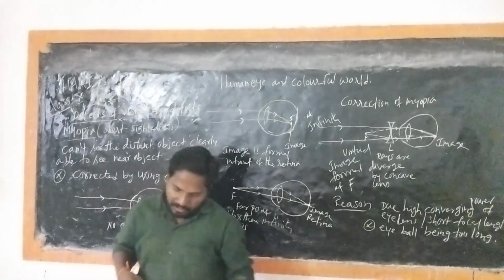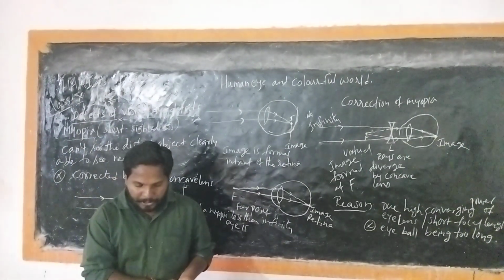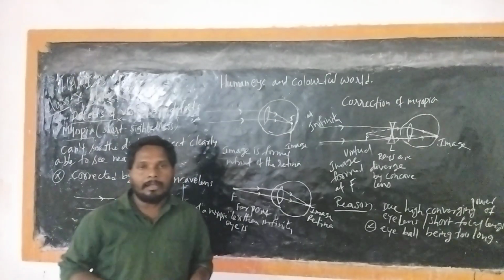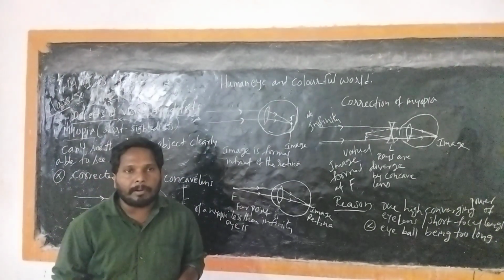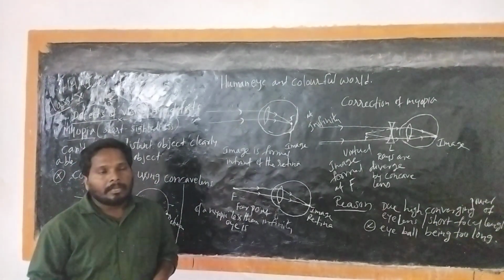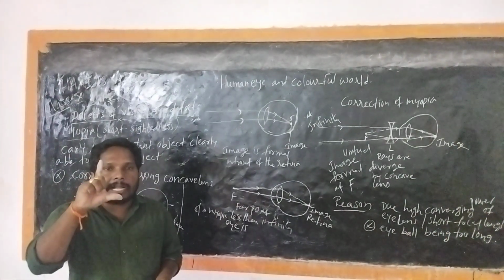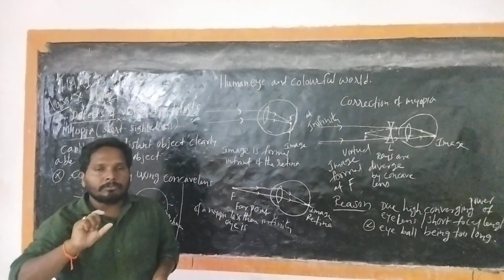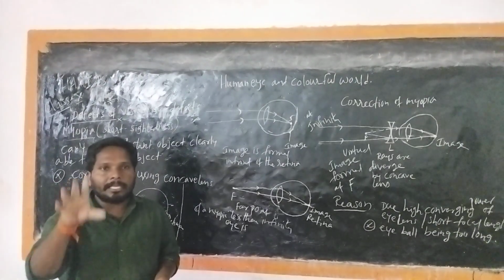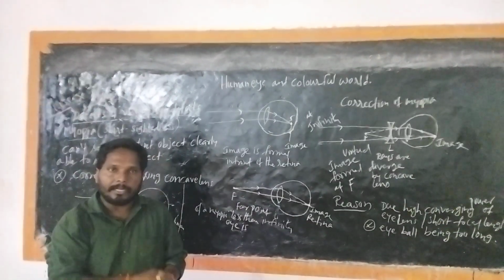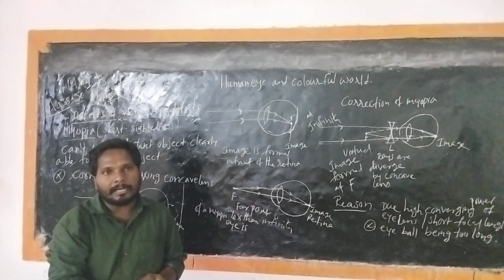The whole purpose of using a concave lens here is to reduce the converging power of the eye lens. The person suffering with myopia has more converging power. Due to the more converging power, the image is formed in front of the retina.